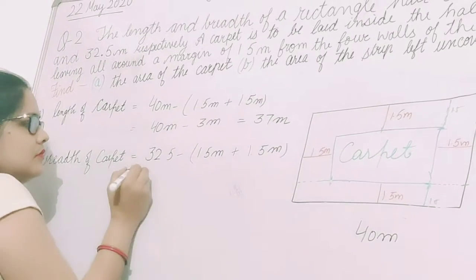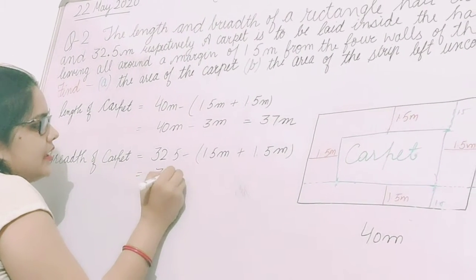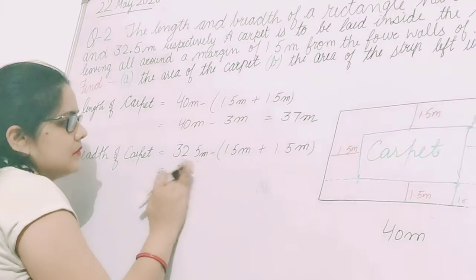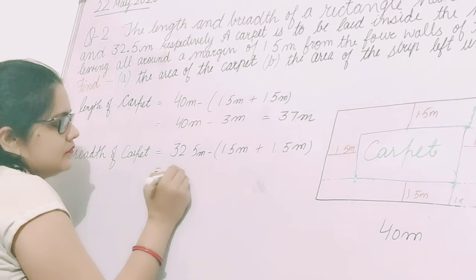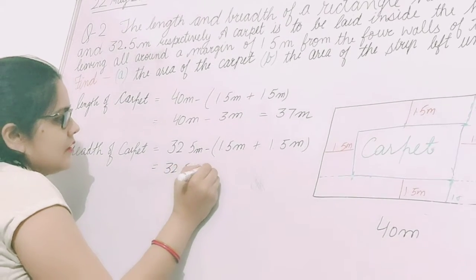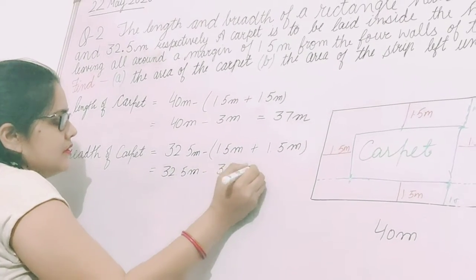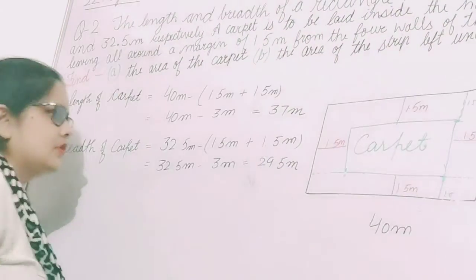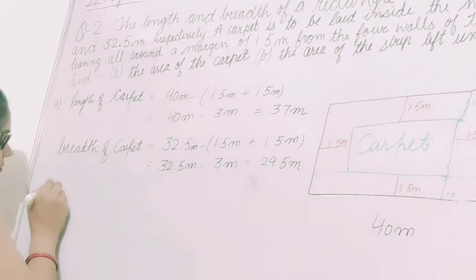So 32.5 meter minus 3 meter, then you will get 29.5 meter.